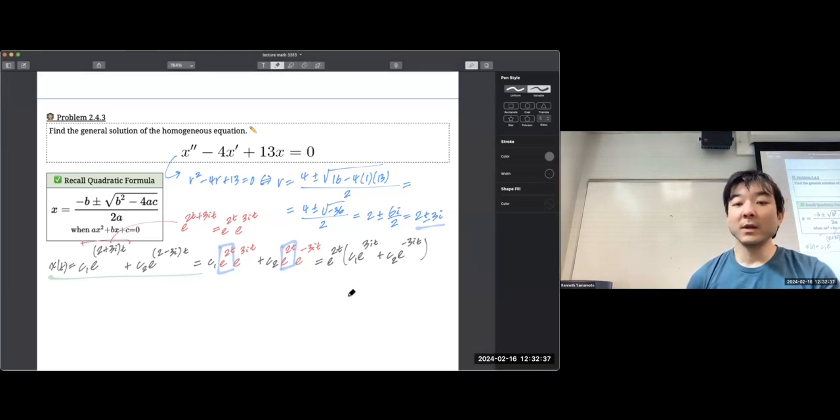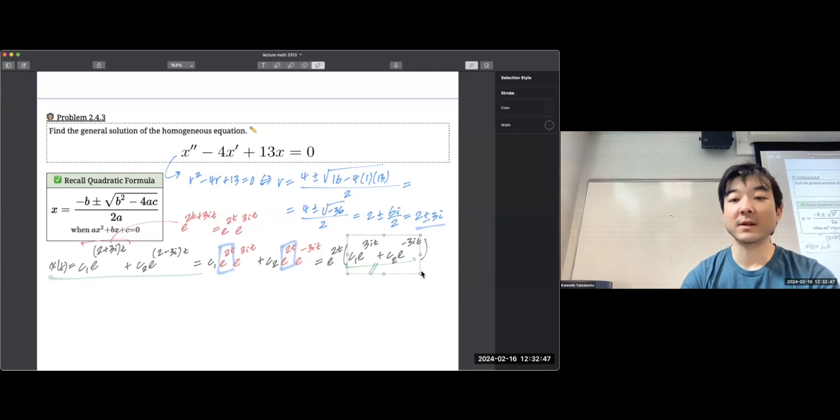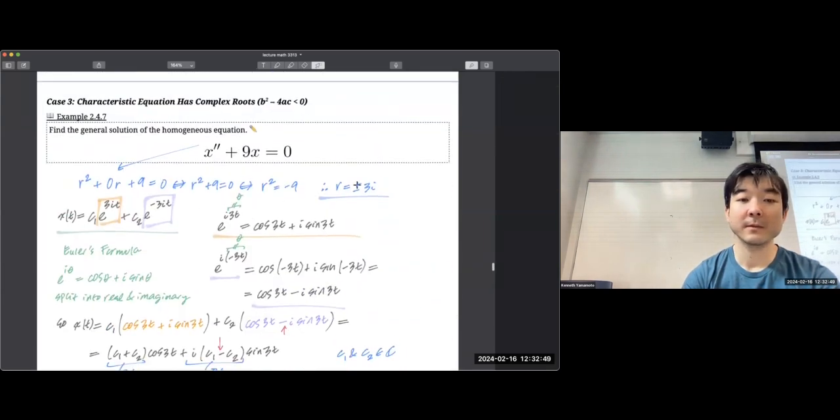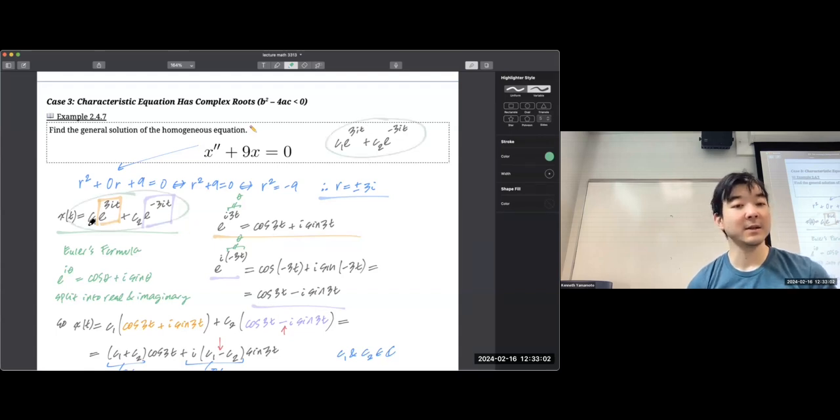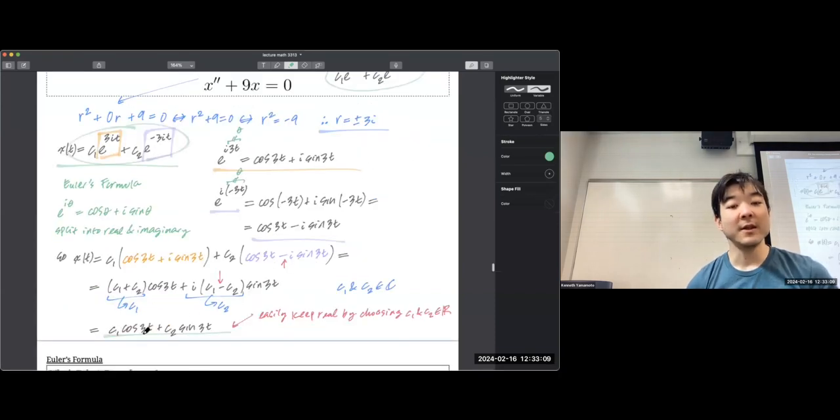And what did we notice from before about this? We actually saw this one already. I'll copy it and paste it from below. If you look, this is exactly the same as this: C1 e to the 3it, C2 e to the negative 3it. And we found that this was equal to this thing right here.